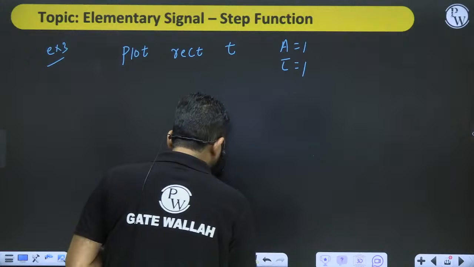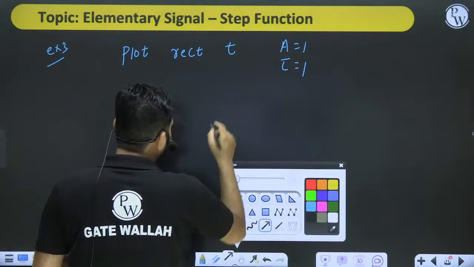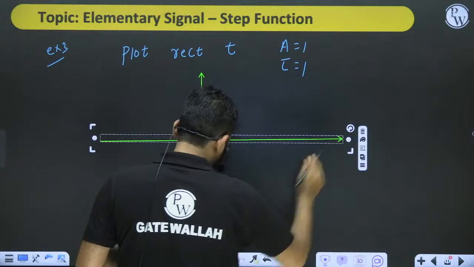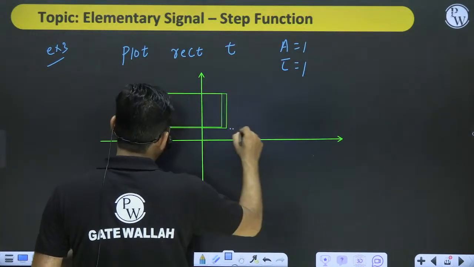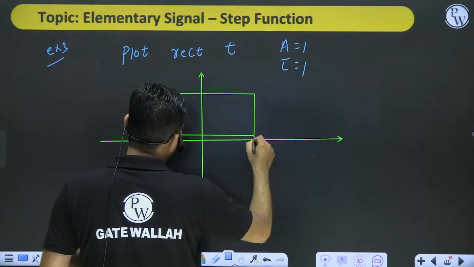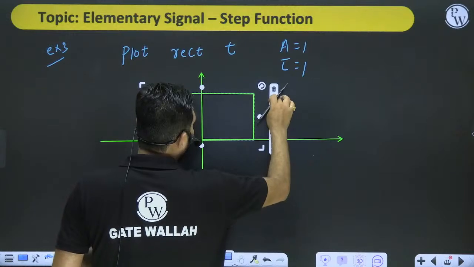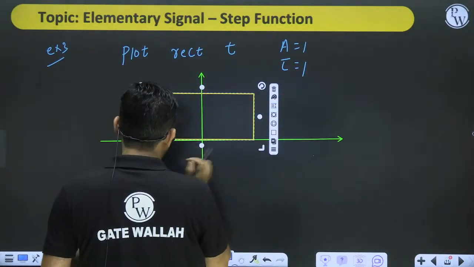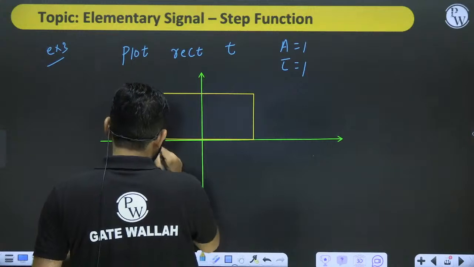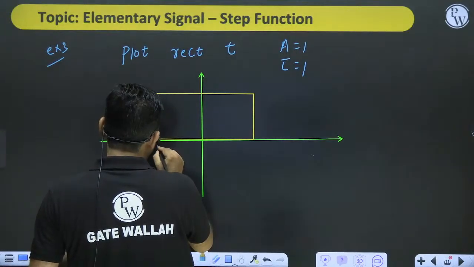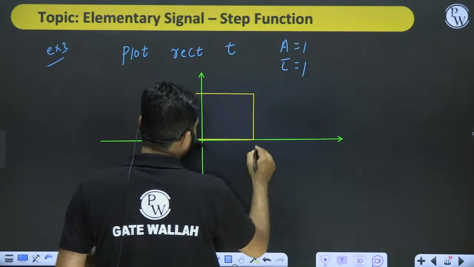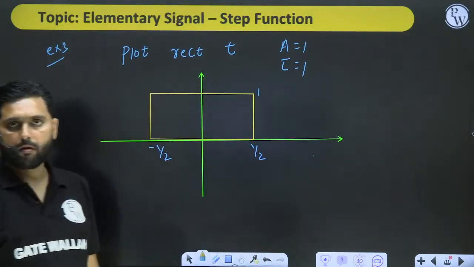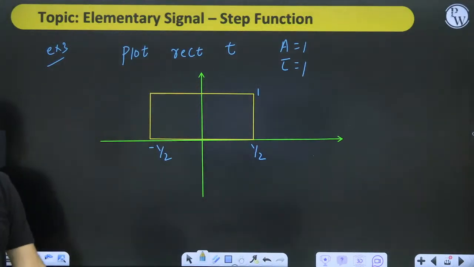This means we have a function which is this one, and this is minus half, this is plus half, and that value is 1. This is what my rect function, rect t, is.